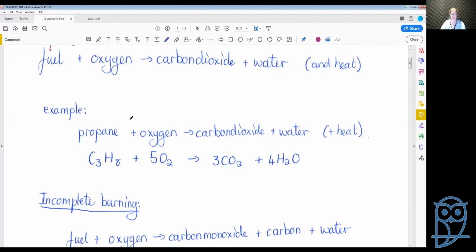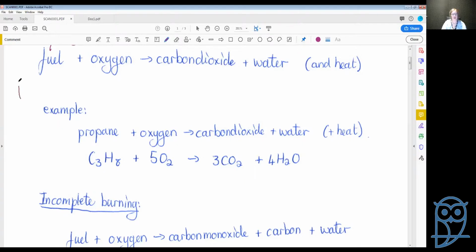So if we have propane and we mix it with some oxygen, add a little spark so that it can start burning, then we can get carbon dioxide and water and heat. So propane, its chemical formula is this, C3H8. Again, you guys don't need to know this bit, but I'm putting it here so you guys can see what's going on so that it makes sense. You guys don't need to remember all of these things.